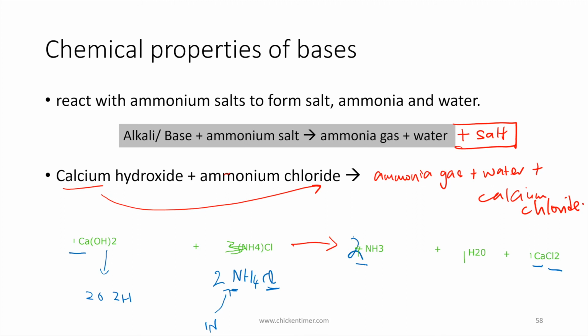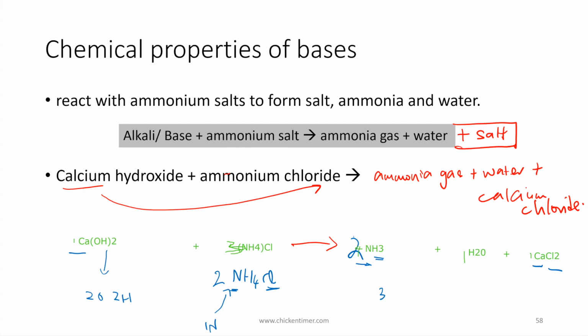That will balance the nitrogen. What I am left with is 3 hydrogen here and 2 hydrogen here.